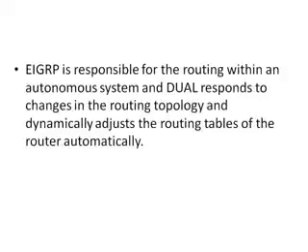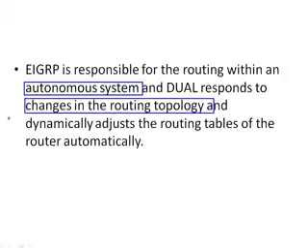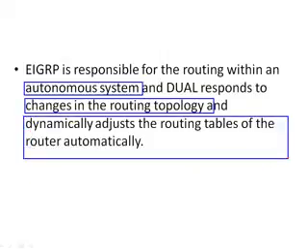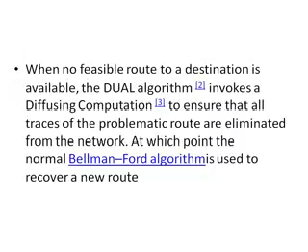You can see here EIGRP is responsible for routing within the AS numbers, and DUAL responds to changes in routing topology and dynamically adjusts the routing table of the router automatically. So it keeps updating the routing table of the router automatically by finding the best path, new paths, any path recovery, and anything if there is any change in the topology.